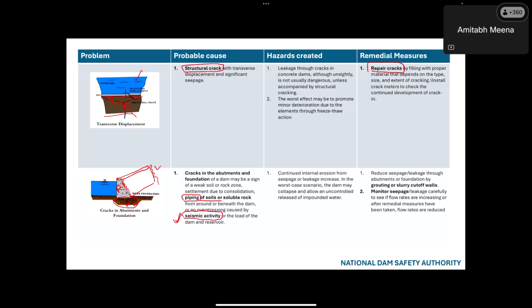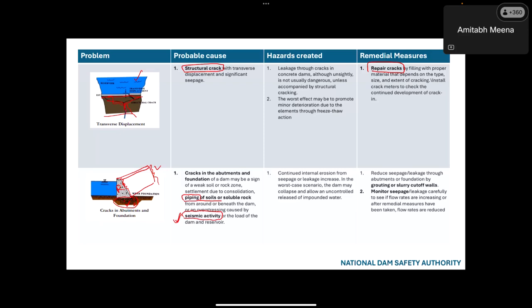If the dam water level is not beyond the limits, then it is very likely that the structure will sustain the earthquake if it is within the limits.